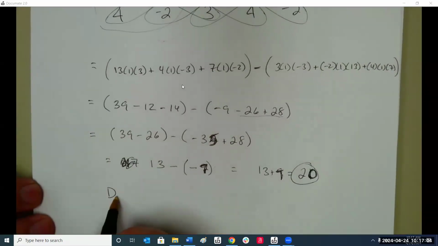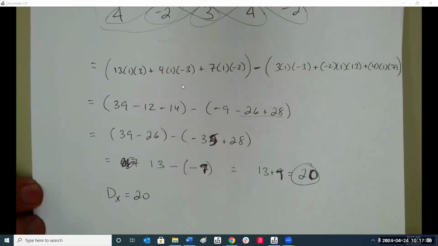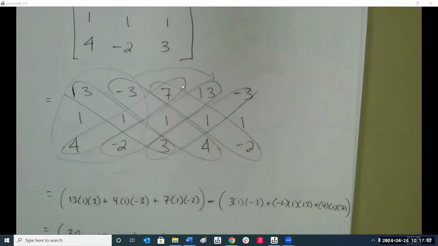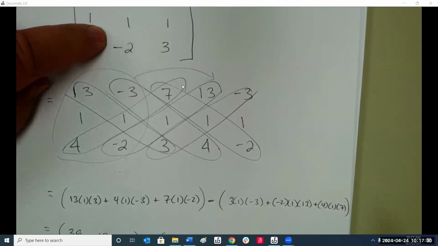So dx is 20. Is that what you got? No. I mean, yeah, so actually is no, it's probably mine because I'm trying to do 2 or 3 things at once. So I have dx 13, 1, 4, negative 3, 1, negative 2, 7, 1, 3.